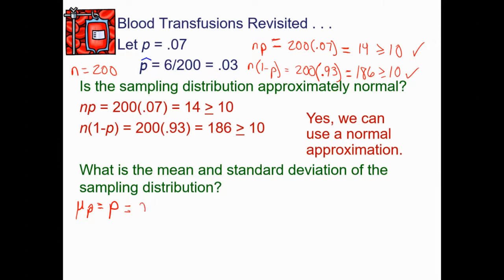Good. And then our standard deviation of p hat is the square root of p times 1 minus p over n. I'm about to do 0.07 times 0.93 over, let's see, what's my n? 200.